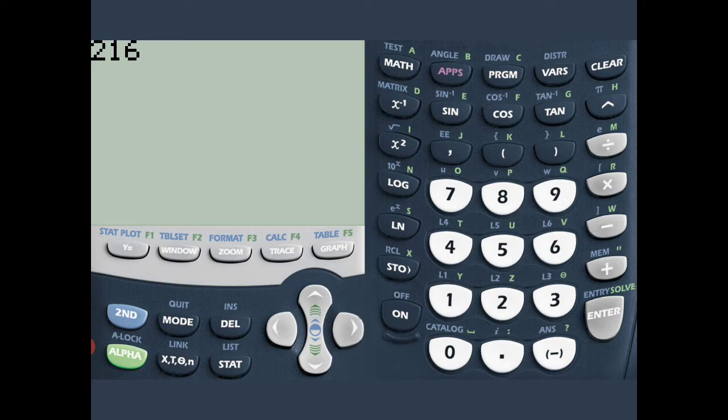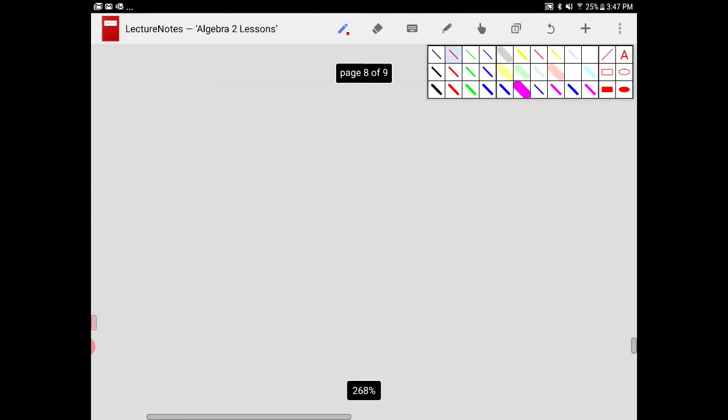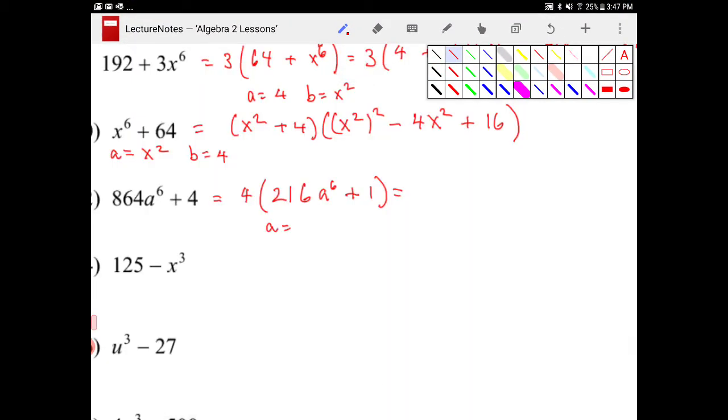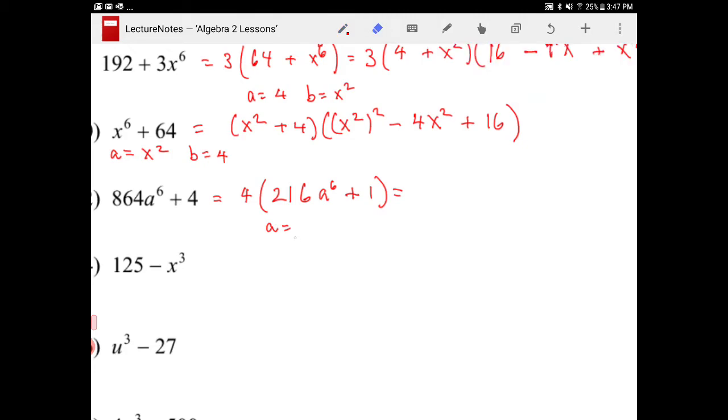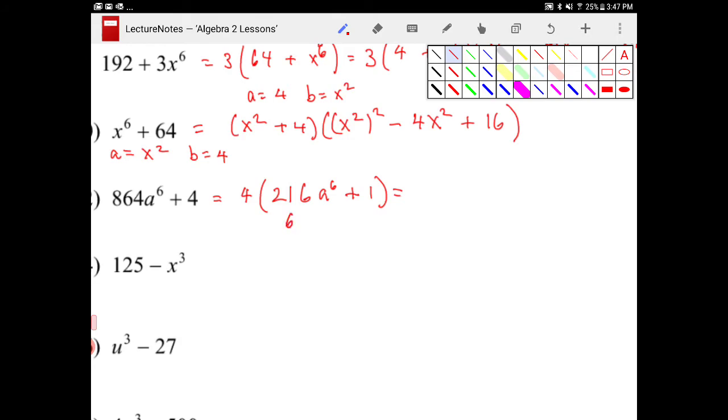We can raise 216 to the power of 1/3. That's the cube root of 216, and that happens to be 6. I don't know why I struggled to figure that out just now. So this is really 6a squared, quantity cubed, plus 1 cubed.